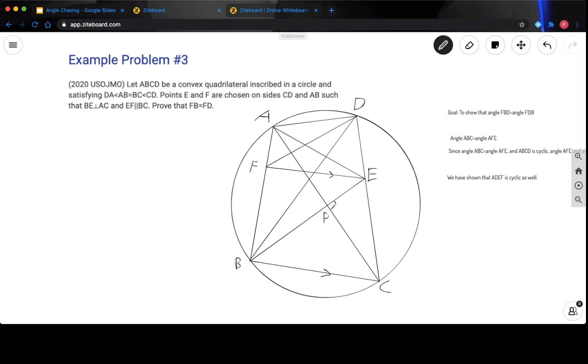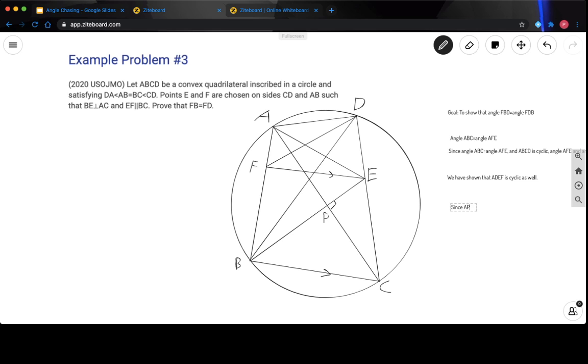Now this is nice as well, since now we know that AP is equal to CP, and since triangle AEP and CEP are right triangles as well, we know that triangle AEP is congruent to triangle CEP, simply because both of their legs are equal, right? I'll put that down as well.